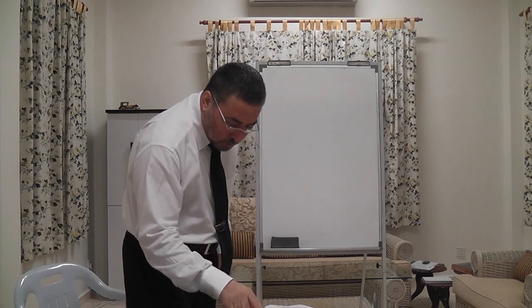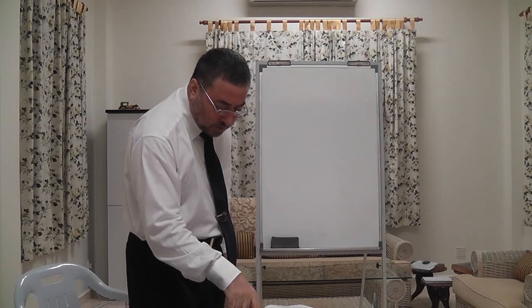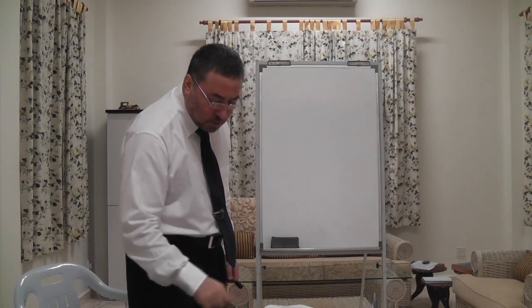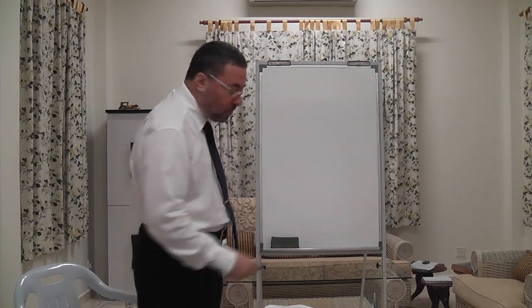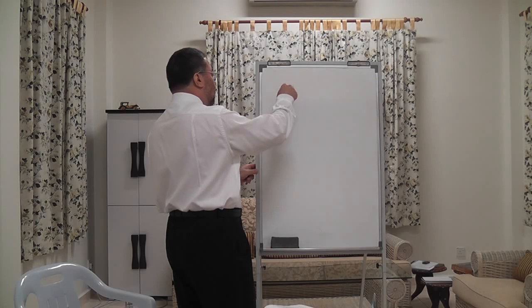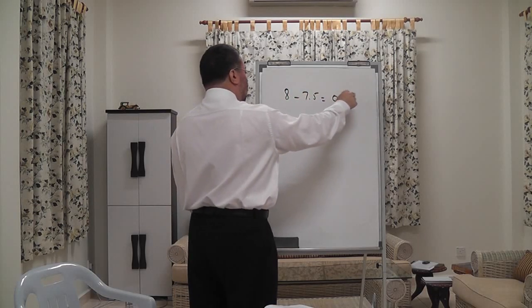Next is number 20. Last year Jake was paid $7.50 an hour. This year he was paid $8. What percent is the increase? So let's get the increase. That's 8 minus 7.5, and that's 0.5.